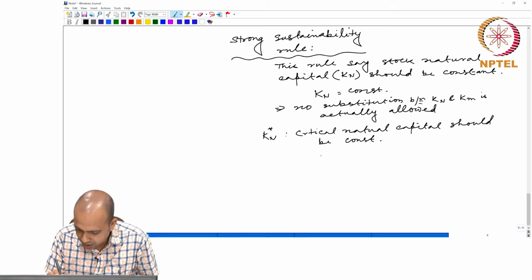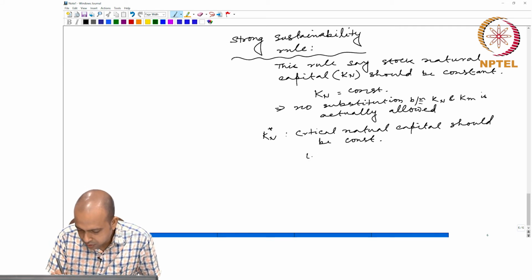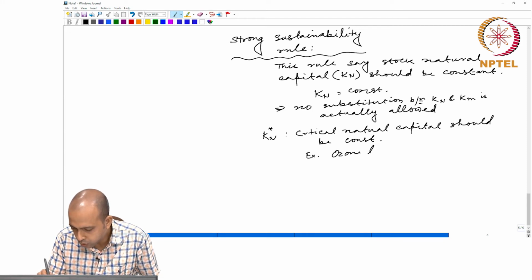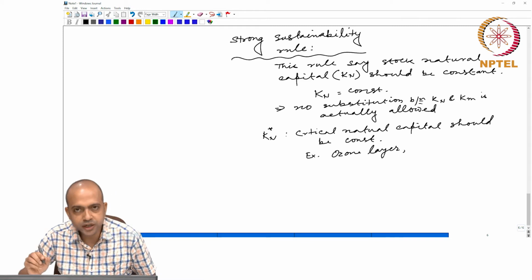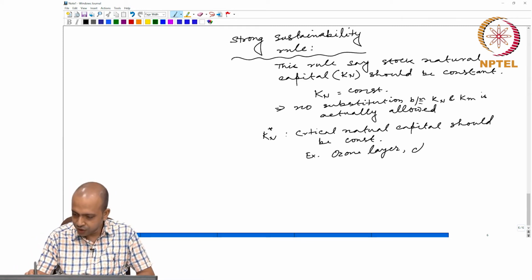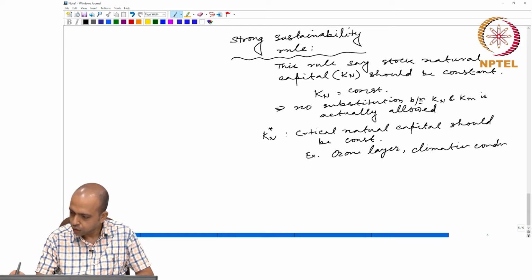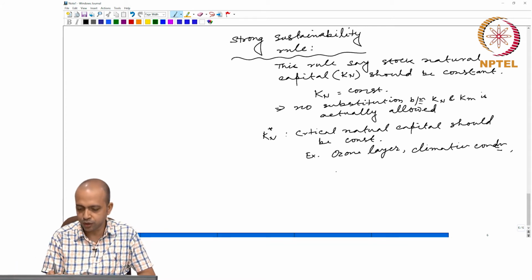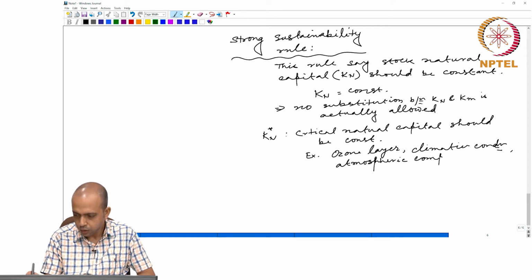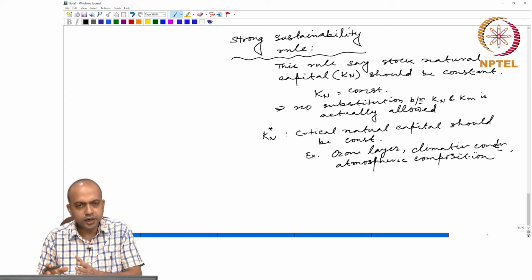What is this critical natural capital? For example, the ozone layer, or climatic condition, or atmospheric composition. This is called critical natural capital.